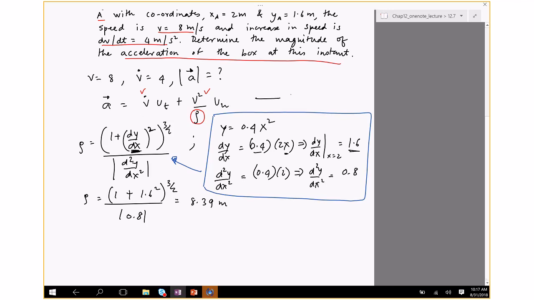Okay, so now from this we have acceleration.